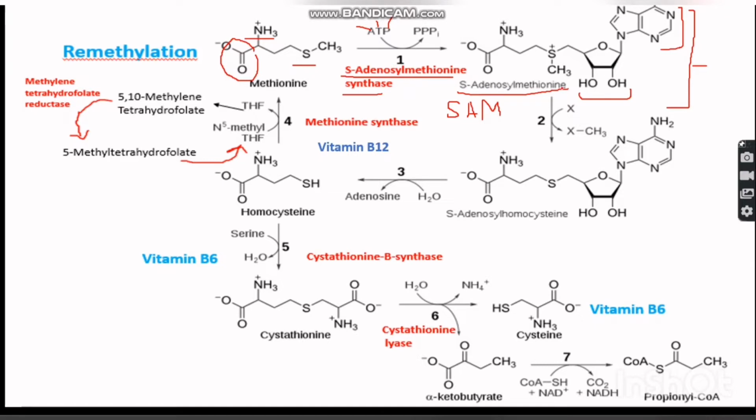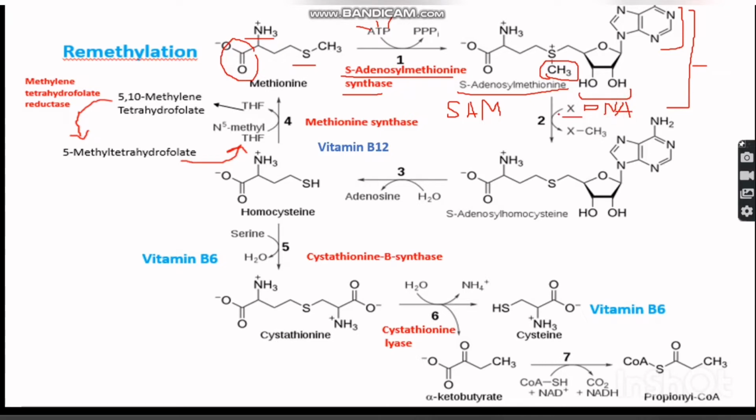This S-adenosyl methionine, also known as SAM, is considered a universal methyl donor, which means it has the tendency to donate its methyl group to an acceptor molecule. X means the acceptor molecule here. It can be DNA, RNA, proteins, amino acids, or phospholipids.